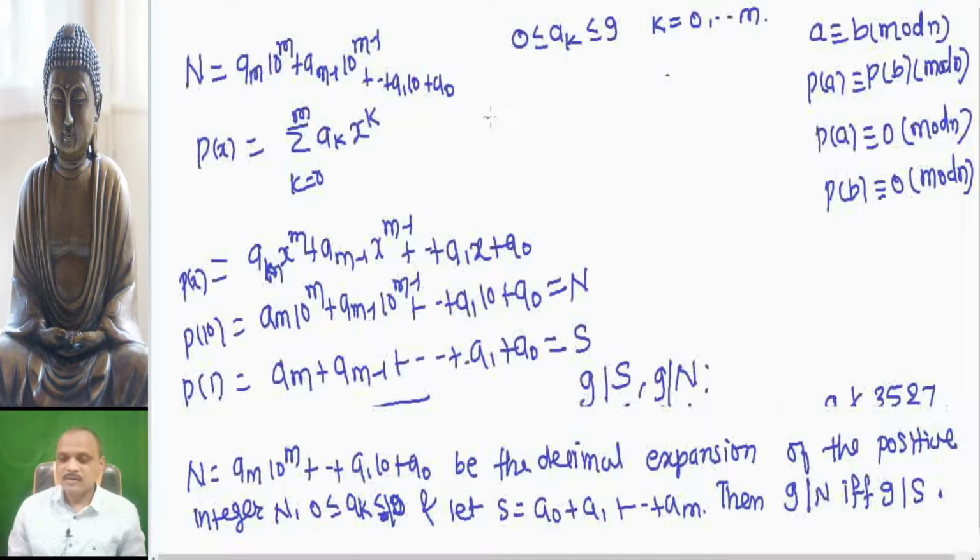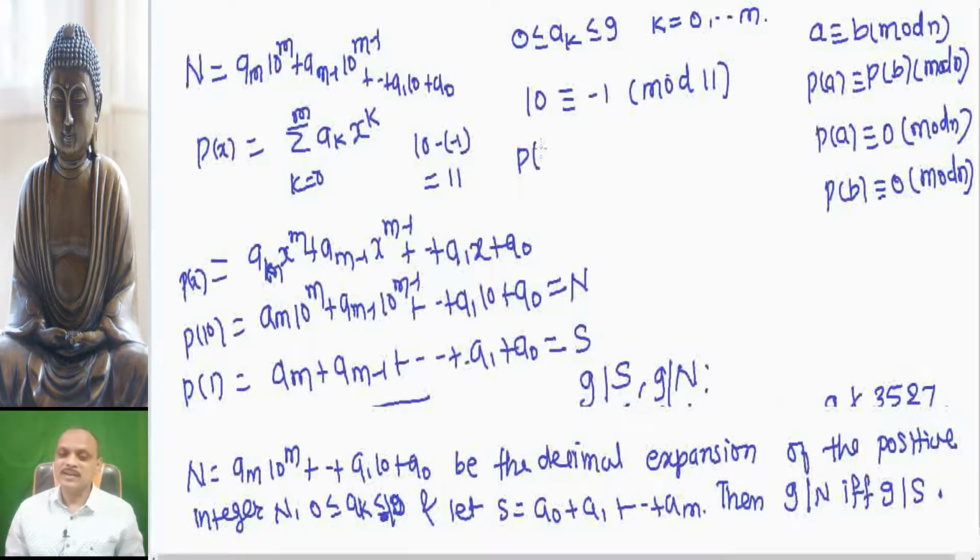Here you can take 10 is congruent to minus 1 modulo 11, right? What is 10 congruent to? This is 10 minus of minus 1, that is 11, and 11 is divisible by 11.